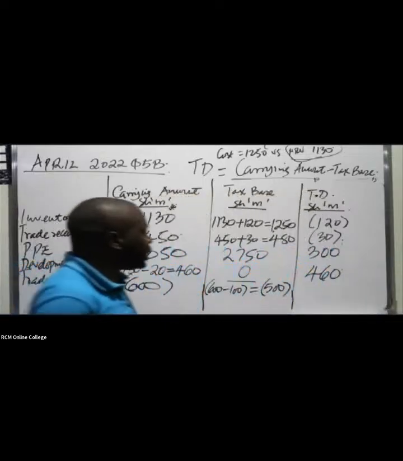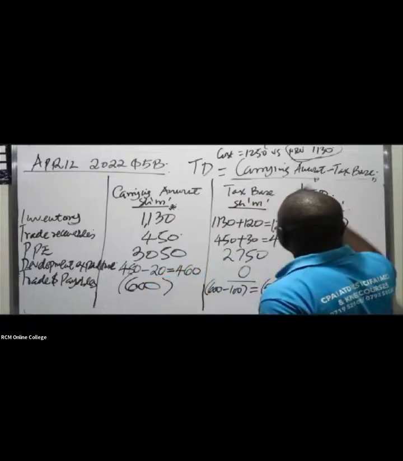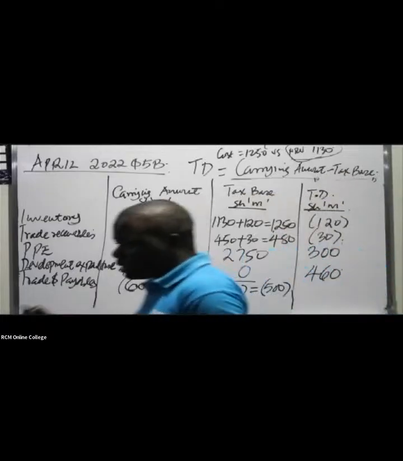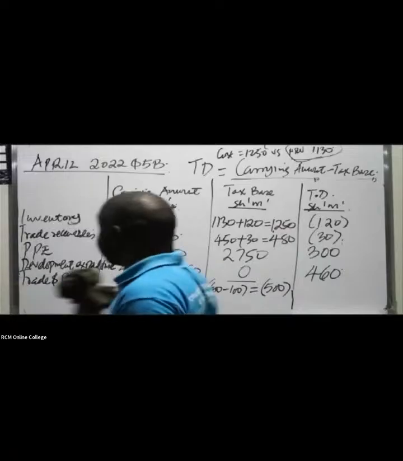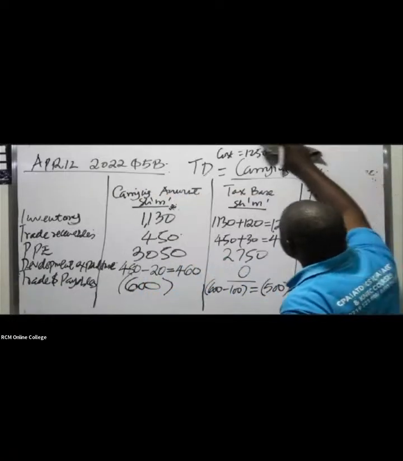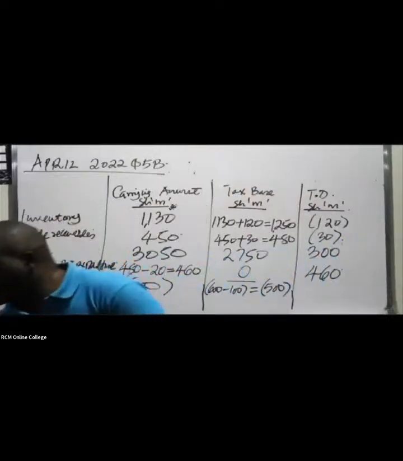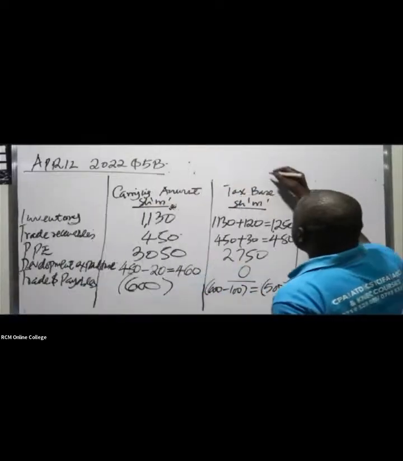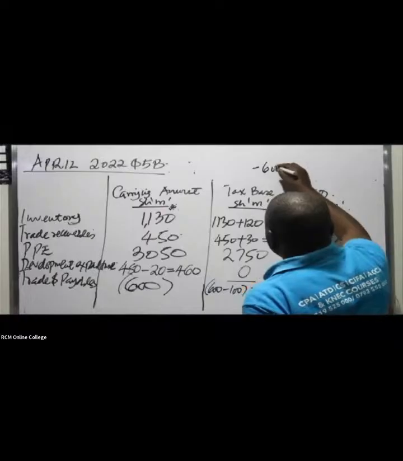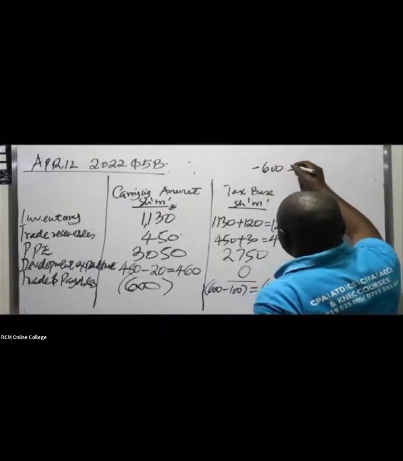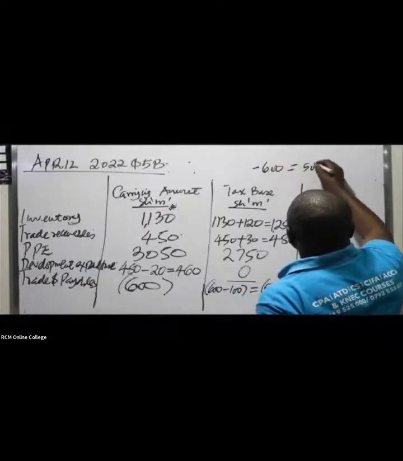And then for that last figure you have to be very keen, because now you might get it wrong. For that last figure, you basically have something like this. So this one is negative, so it is negative 600 minus 500.